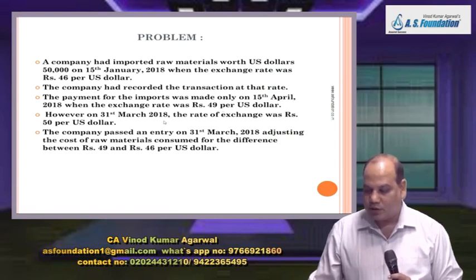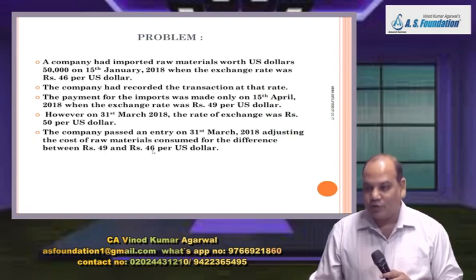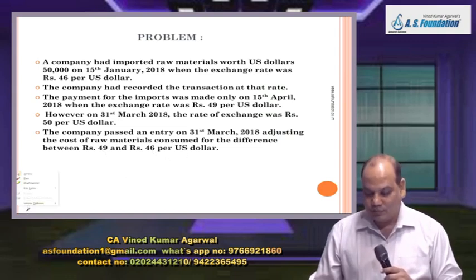On 31st March 18, rate was 50 per USD. Company passed an entry on 31st March 18, adjusting the cost of raw material consumed for the difference between 49 and 46 per US dollar.